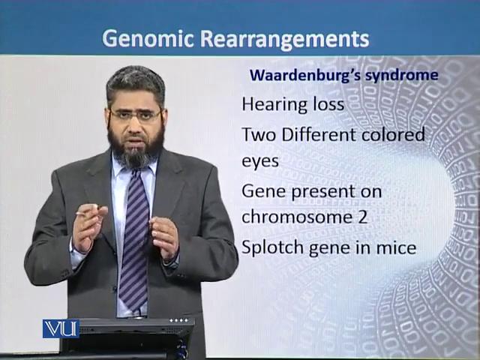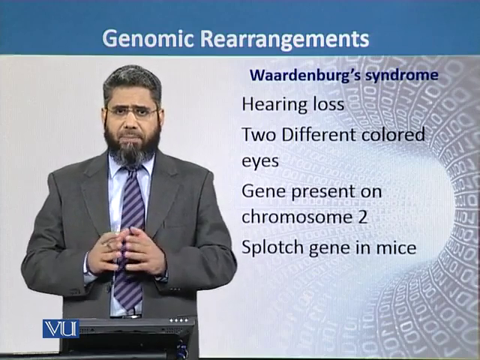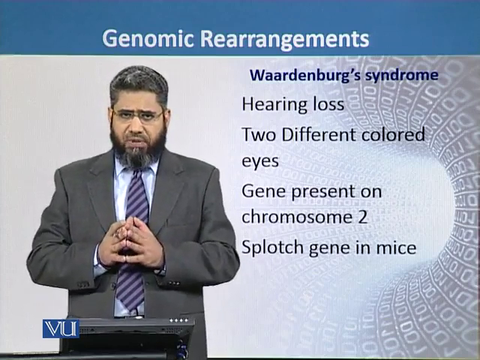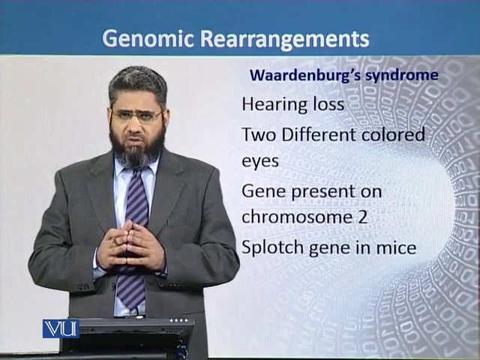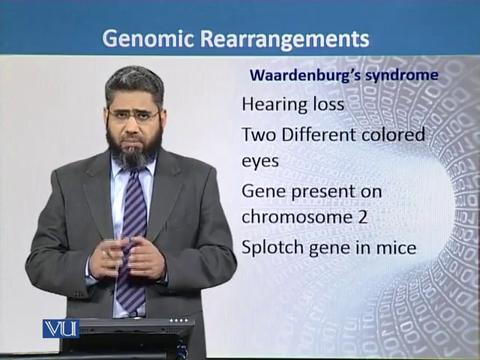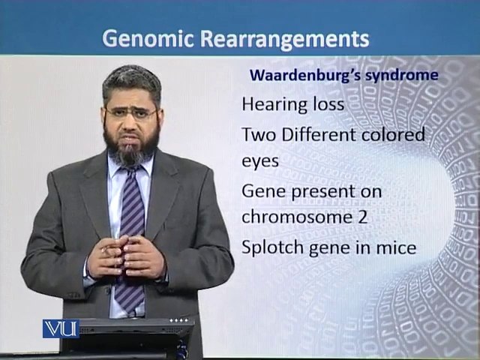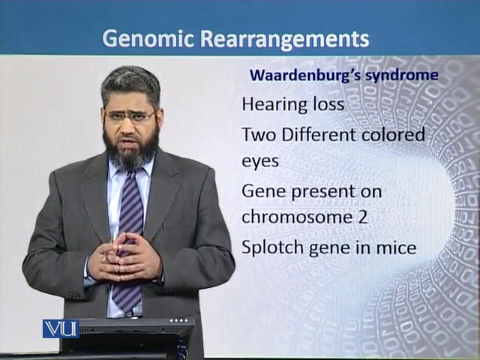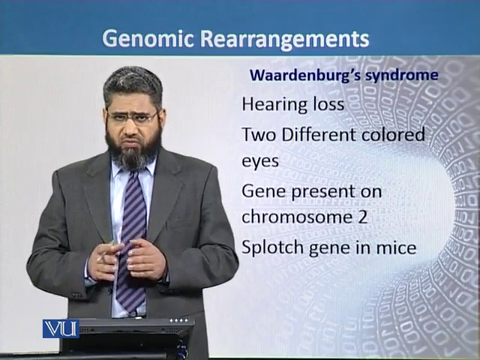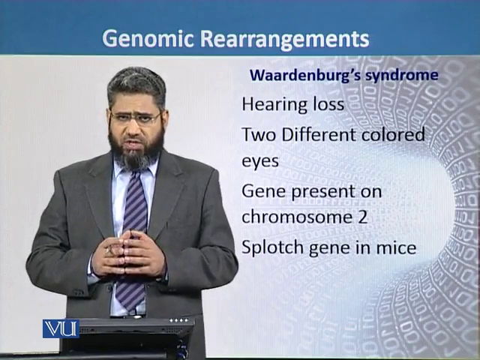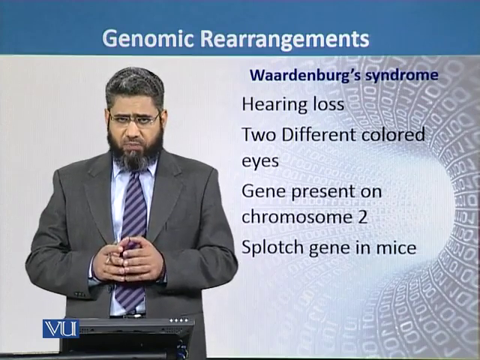Genetic mapping was then conducted to find the location of this gene in the mice. When the mapping was concluded, it was confirmed that the gene was on chromosome number 2.